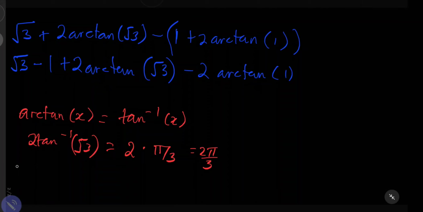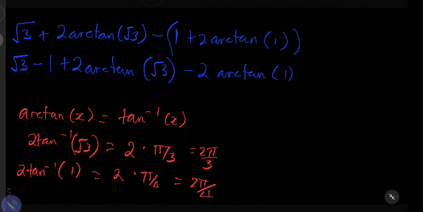And for this one, 2 tan inverse of 1 is 2 times pi over 4, which is 2 pi over 4. So when you subtract these two from each other, this would be 2 pi over 3 minus pi over 2, because the common factor of 2 cancels out.